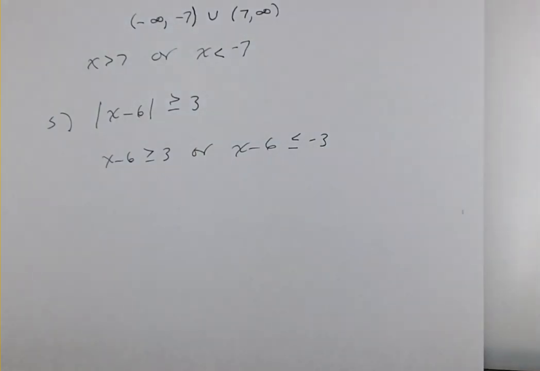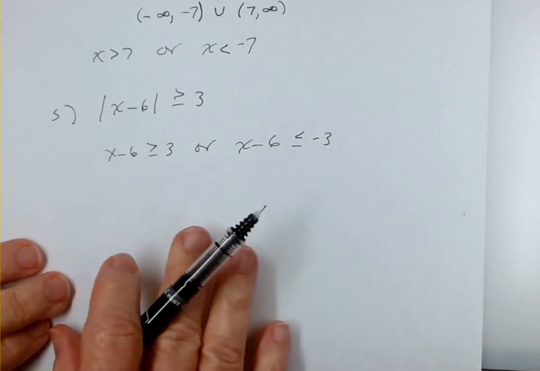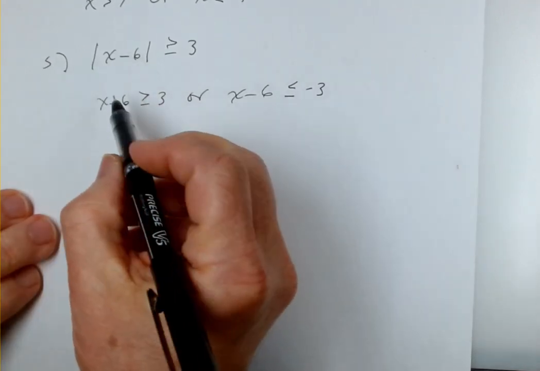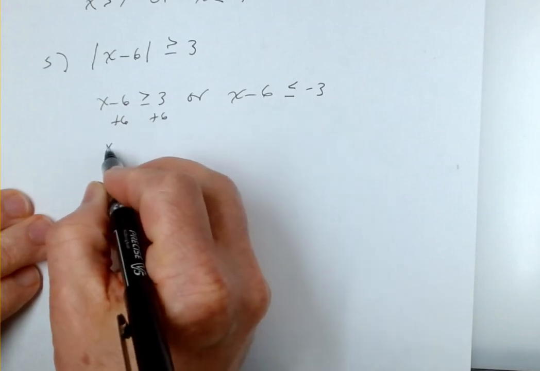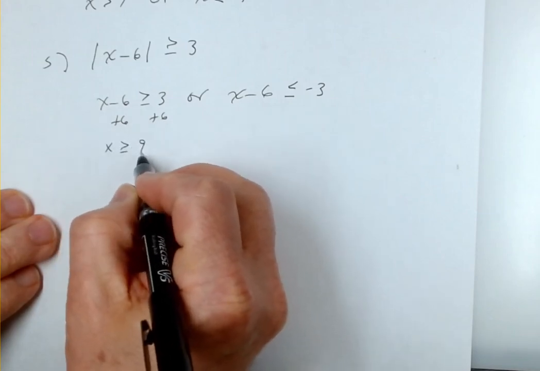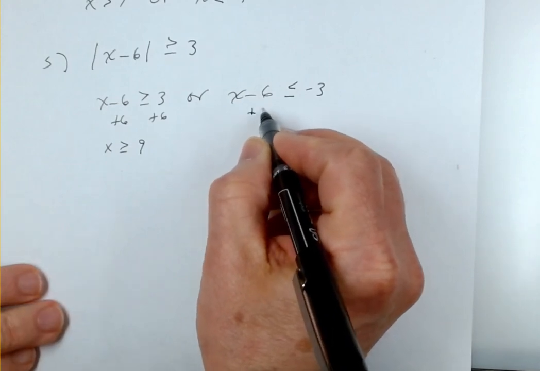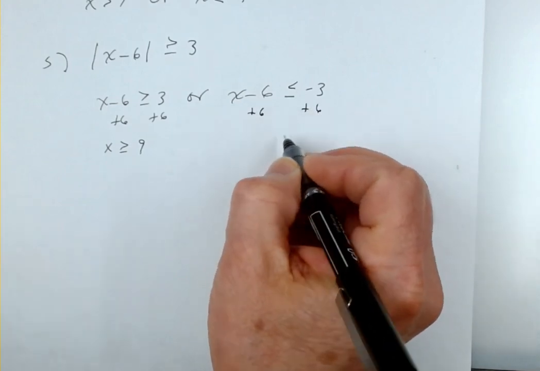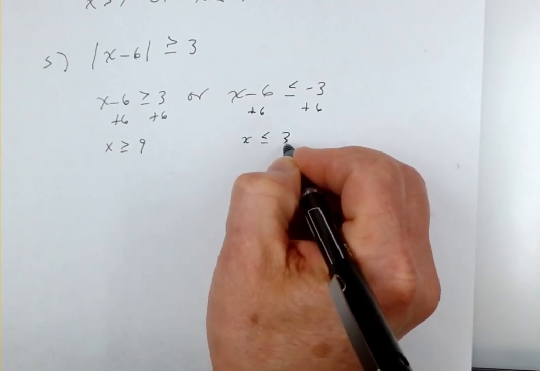And so once you get to that point, the rest is easy. So how do you solve this linear inequality? Add 6 to both sides, so you get x is greater or equal to 9 over here. Add 6 to both sides, you get x is less than or equal to 3, right?